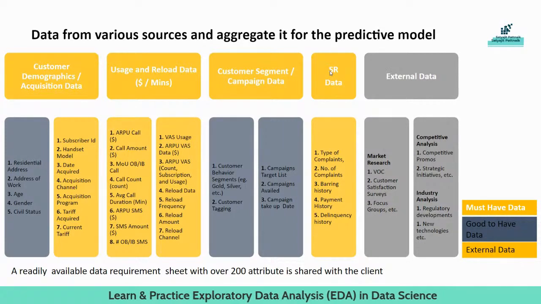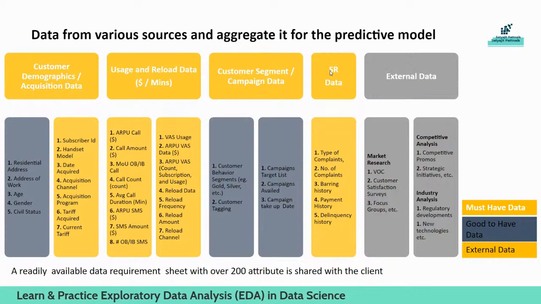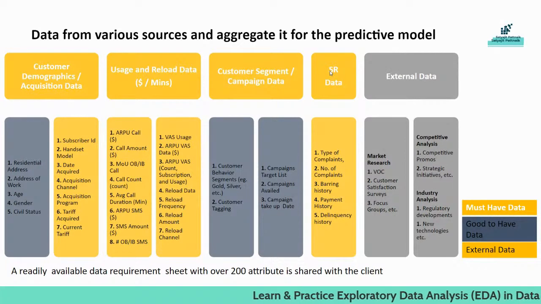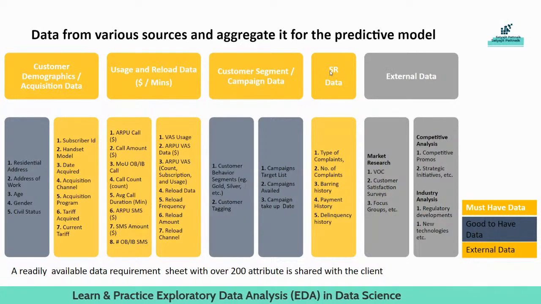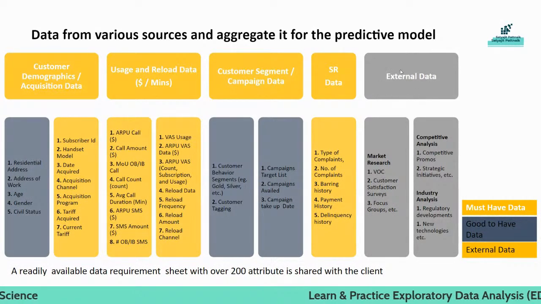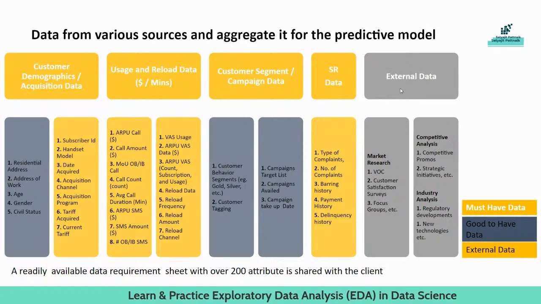It's a normal tendency that a customer calls customer care only when he's not happy, right? If you are happy with the features, why would a customer call customer care? So when he's not happy, that kind of data can also be helpful for predictive model building. And there could be some external data as well, like competitor analysis or satisfaction surveys.